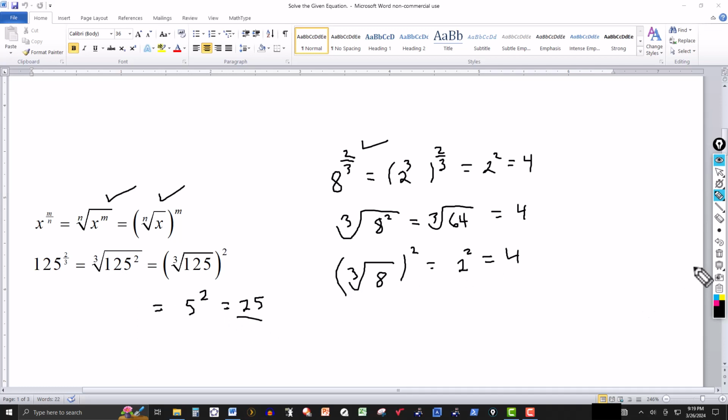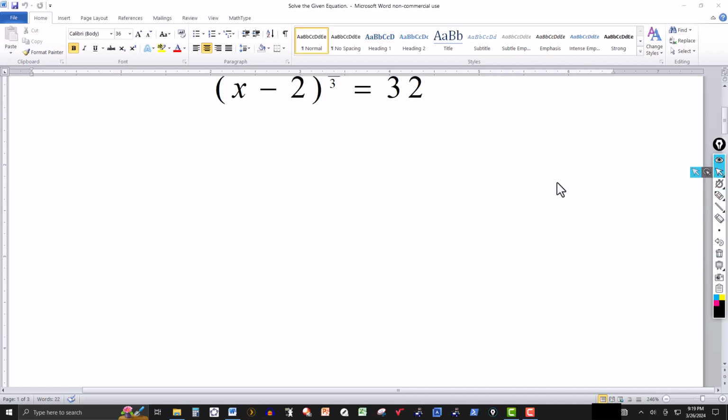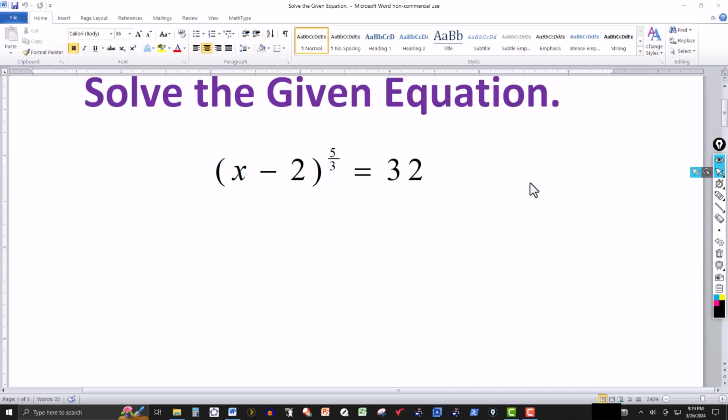Now, in our situation here, we have a basic equation. Just like with radical equations, to get rid of the square root, we square both sides. But in this case, we have this side taken to the 5/3 power. So to make this exponent a 1, we take it to the 3/5 power.